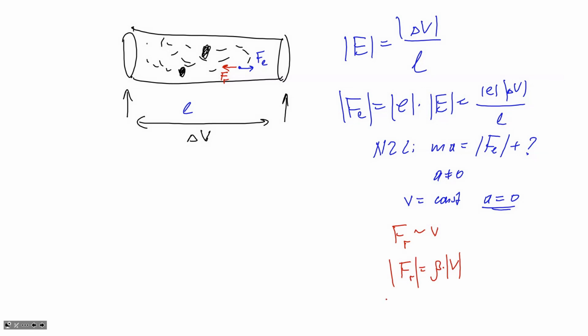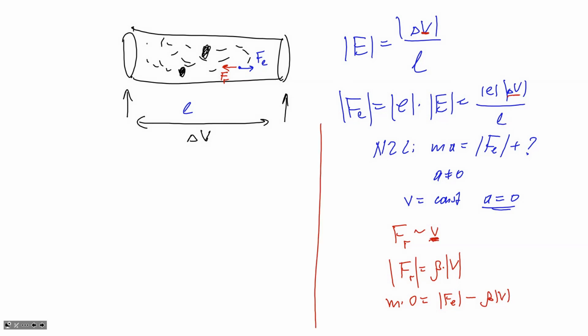And Newton's law says mass times zero acceleration should be equal to Coulomb's force minus the magnitude of force of resistance. Now I want to point at the fact that this letter v represents speed and this letter V represents potential and delta V represents voltage, so many V's, don't confuse them.